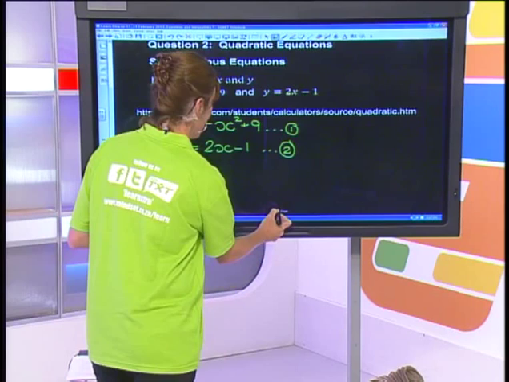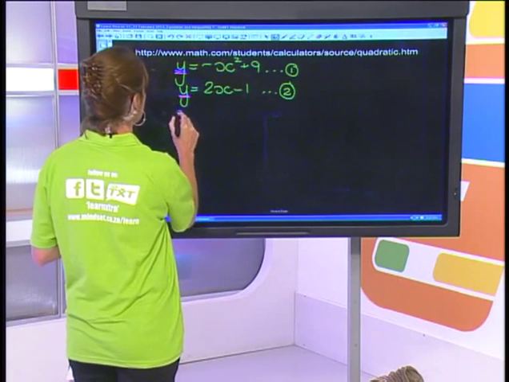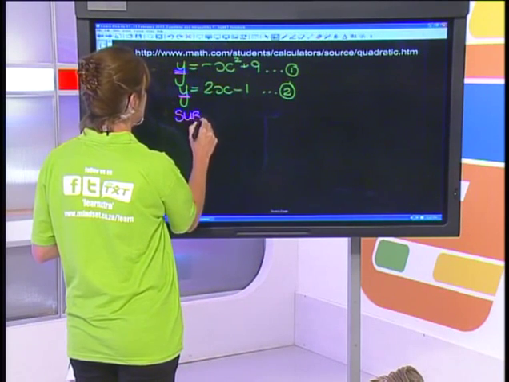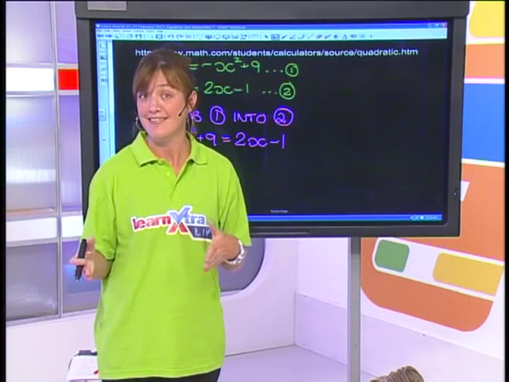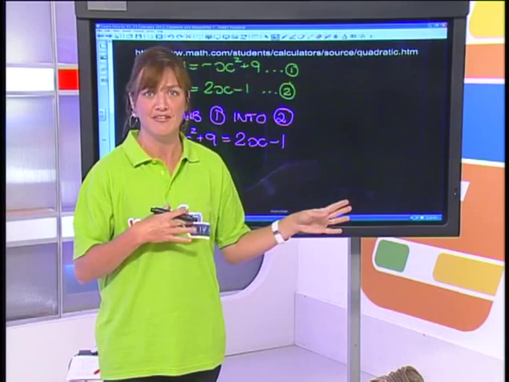So basically we're going to substitute the value of y from equation 1 into the value of y in equation 2, which means I'm going to have negative x squared plus 9 is equal to 2x minus 1. Can you see what we've done is we've actually managed to get rid of the y, and now we're solving for the x, which helps. So now we've gotten rid of one of the variables.